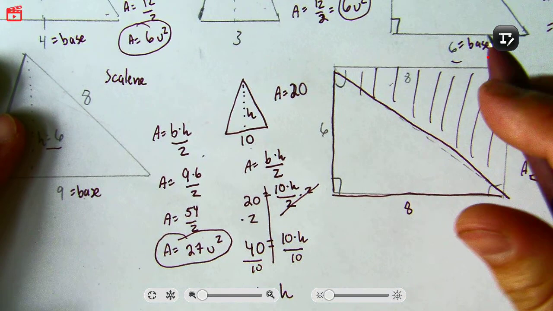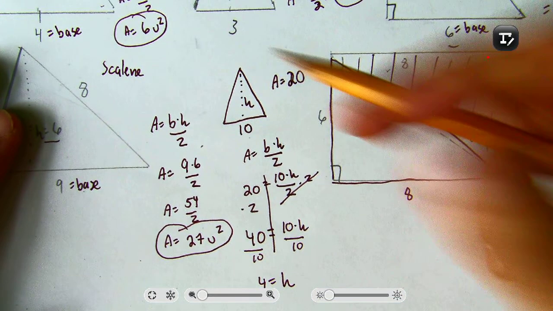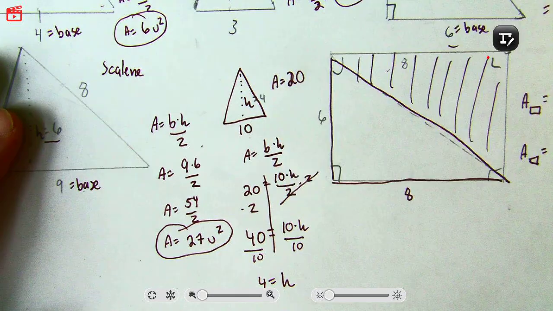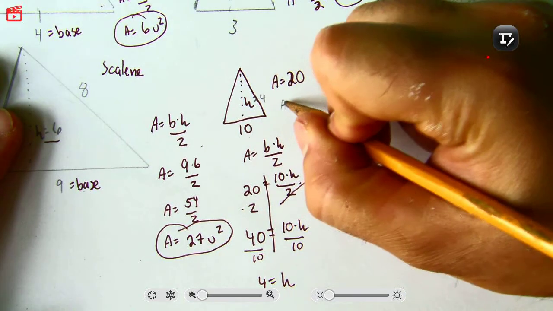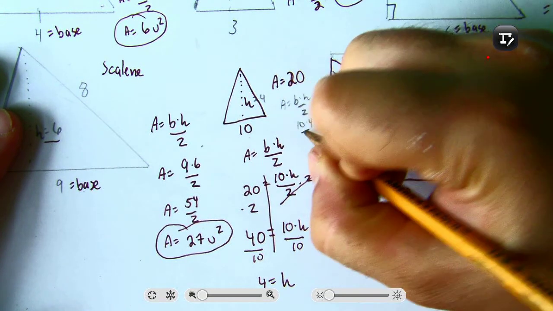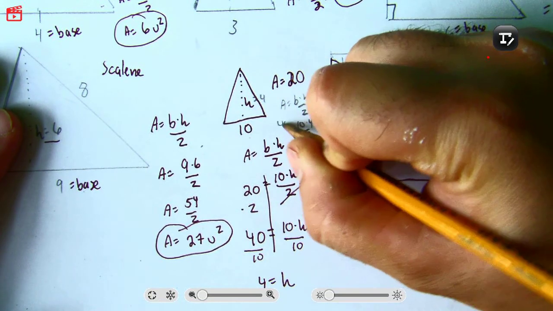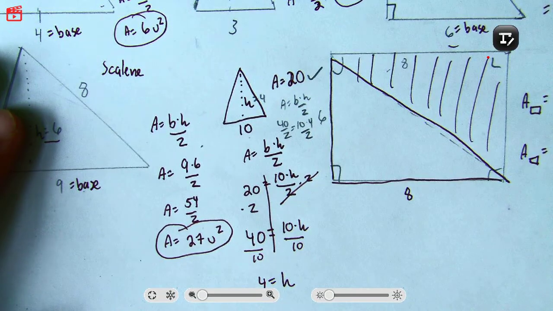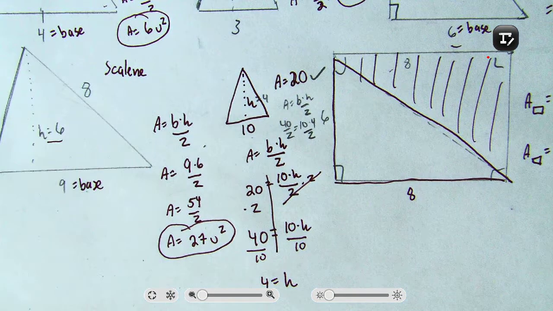If I wanted to plug that in and check my work, which I do, I think it's 4. Let's take our formula. Area equals base times height over 2. So that's 10 times 4 over 2. 40 over 2 does give us 20. So that does work. You could work triangles backwards if you know one of the measurements and you know what the area is. Cool.